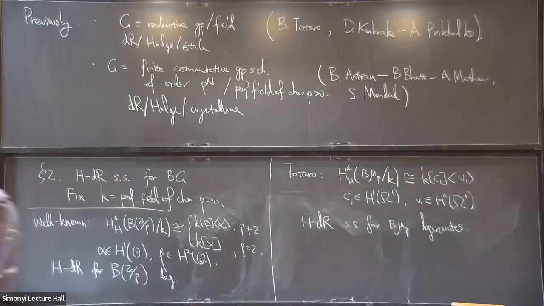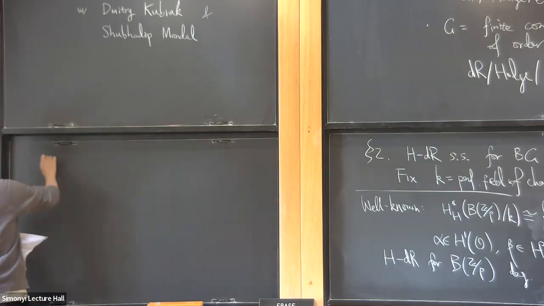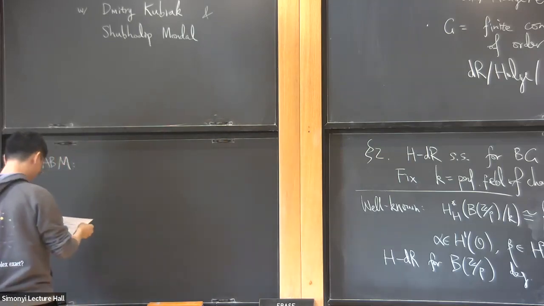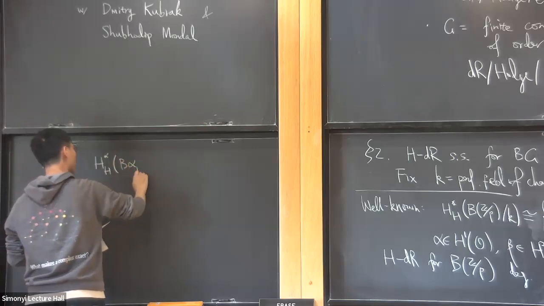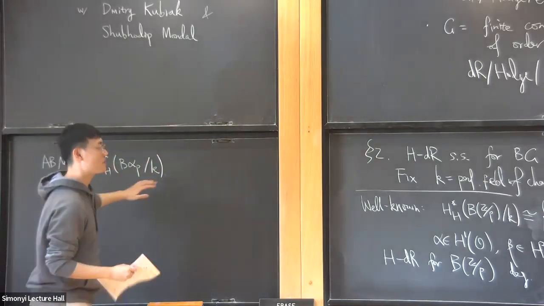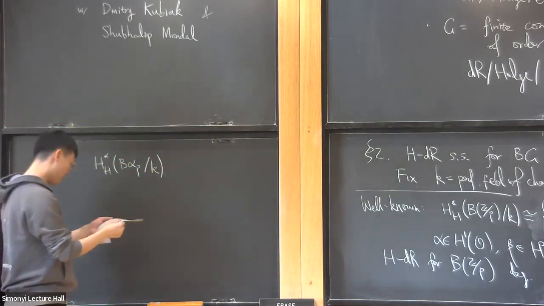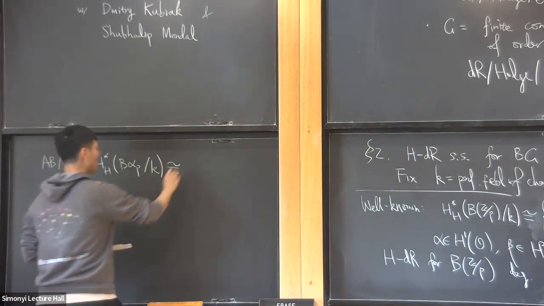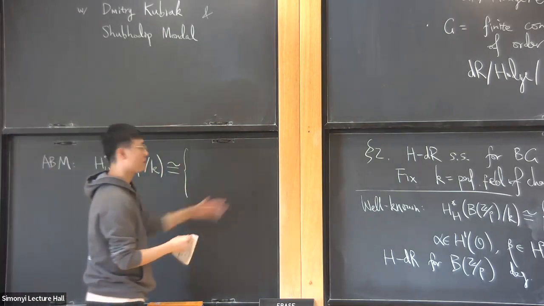And then in the ABM paper, they first calculated the Hodge cohomology for B alpha P, which is more pathological than these other two group schemes in characteristic P. It turns out that the description depends on the prime.